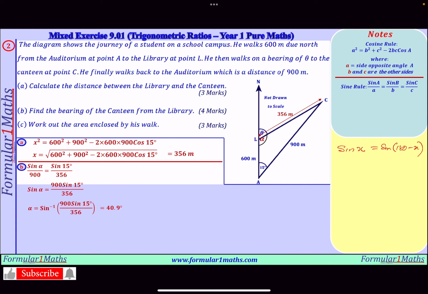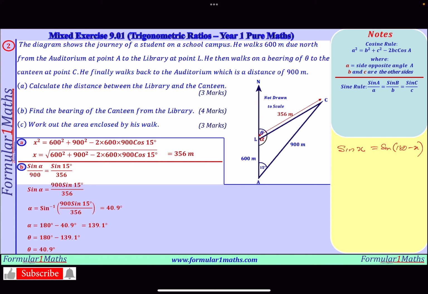And that means this angle is 180 minus 40.9, and that gives 139.1. But we are looking for theta, and like I mentioned earlier, all we do is take this angle from 180 to get angle theta, and that will be 40.9.